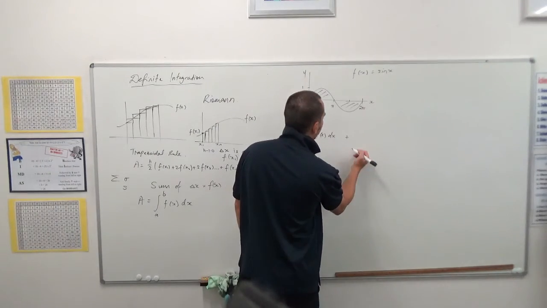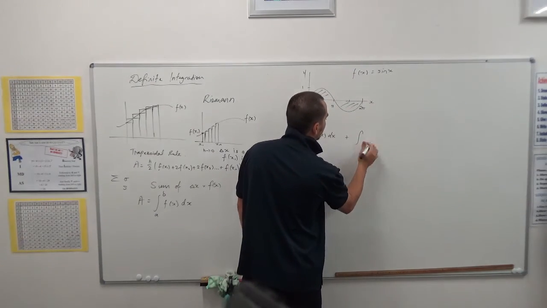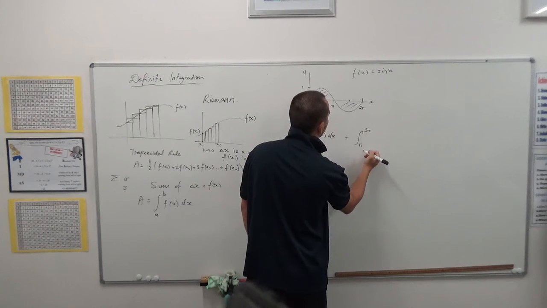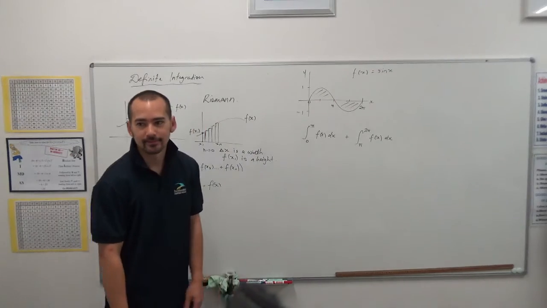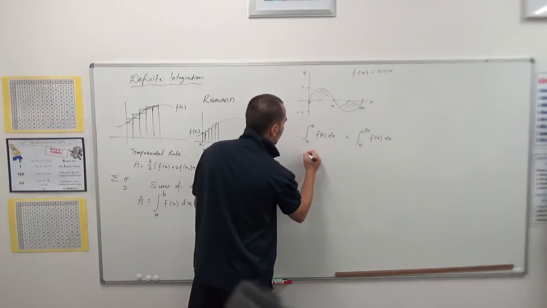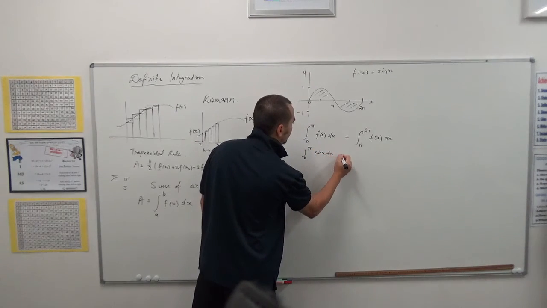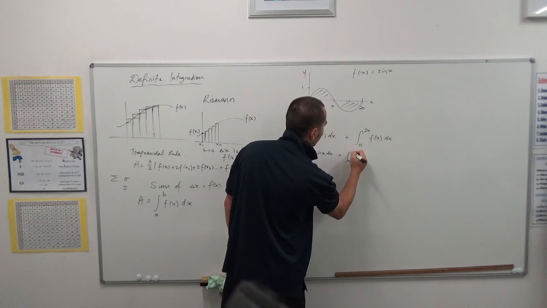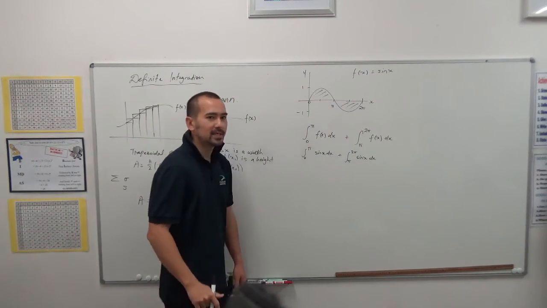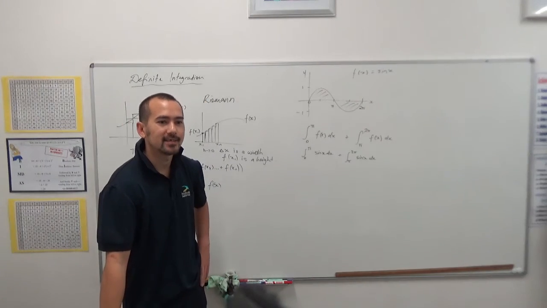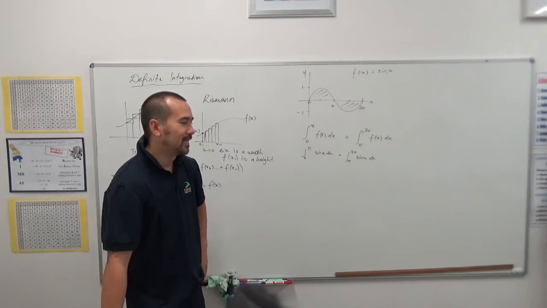And we could add that to this area, which is pi to 2 pi on the function f of x with respect to x. The function of x is sine x. What's the integration of sine x? Negative cosine x.